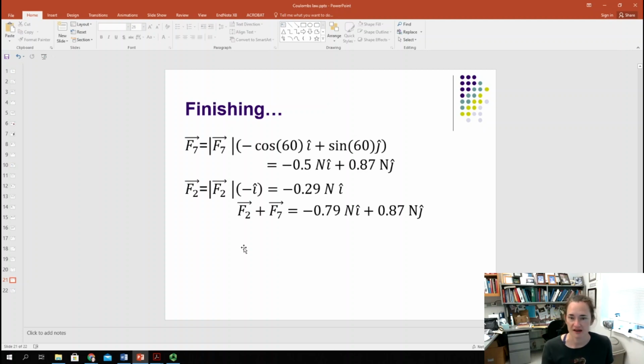In the j hat, there is no j hat component to F2, so I just end up with plus 0.87 newtons in the j hat. So that's the net force on that 4 microcoulomb charge. And that's the same strategy that you'll follow for all of them. It may be more complex, you may have more charges, but that just means that you add on more forces.